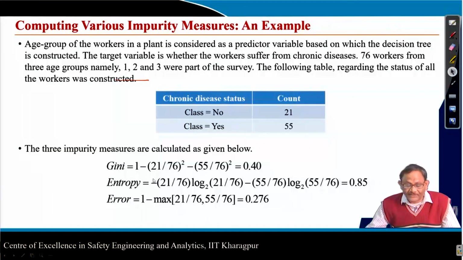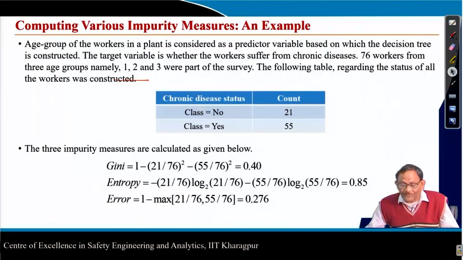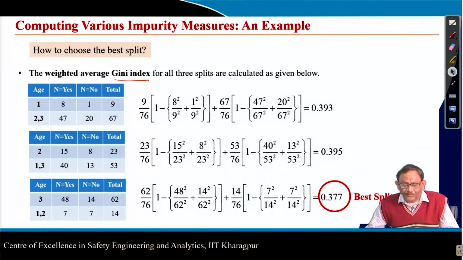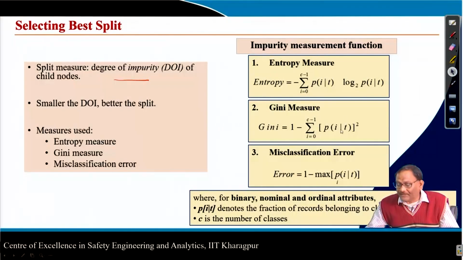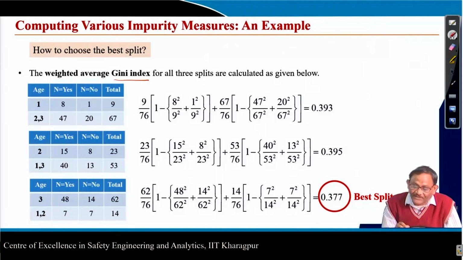You see the Gini index, this formula is 1 minus the sum over i equal to 0 to C minus 1. Yes, we have used 1 minus the sum over all individual classes of p_i by t, to the power square, that we have used. So we are basically using the Gini part here.